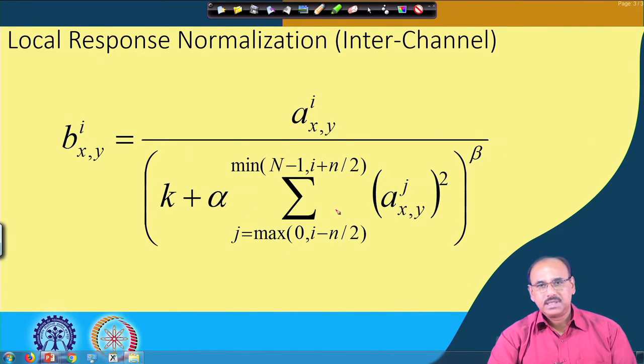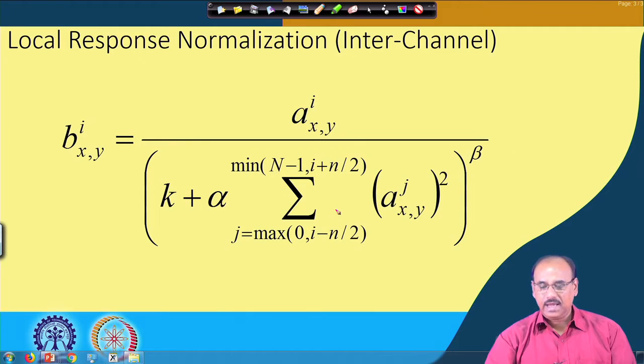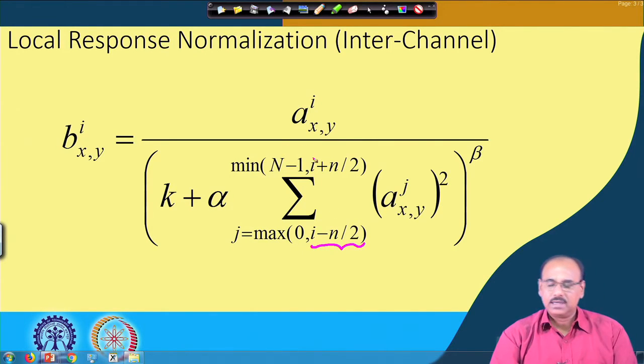You normalize this a_i^xy by a factor which is given by k plus alpha times the sum of a_j^xy, where j varies within neighboring channels. So j varies from the maximum of 0 and i minus n by 2 to the minimum of n minus 1 and i plus n by 2.